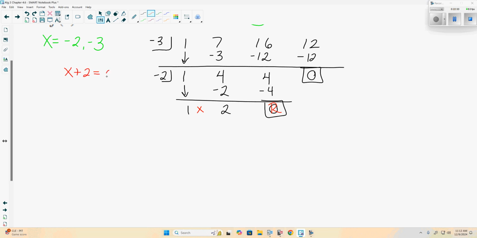The remaining equation after the synthetic division is x plus 2. To solve x plus 2 equals 0, we subtract 2, telling us x is equal to -2. So -2, -2, -3 are the 3 solutions here.